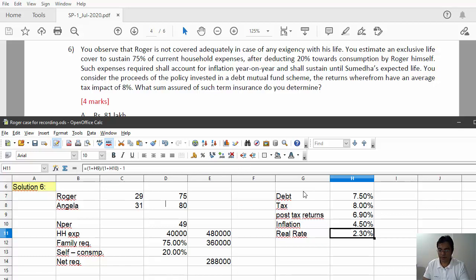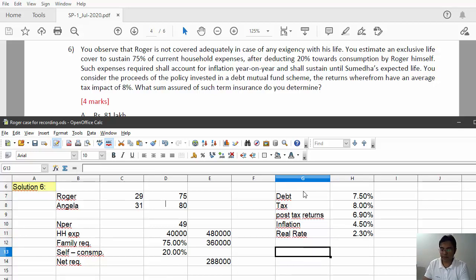Okay, once we have this, then we have to discount all the future family requirement, which is 2.88 lakhs. When we say discounting, we have to find the present value, or in insurance we call it the sum assured, equal to PV.